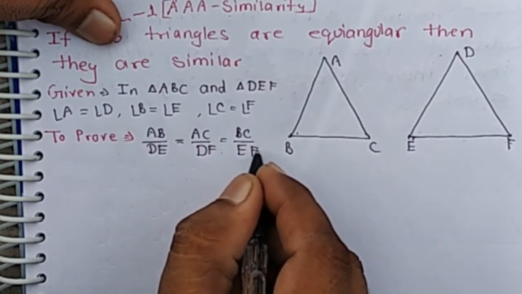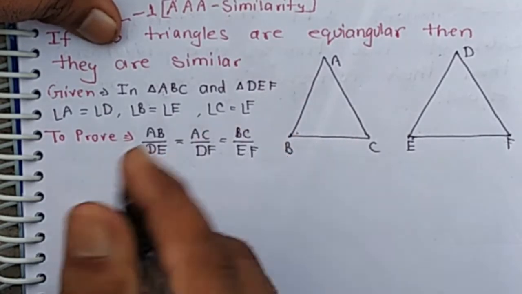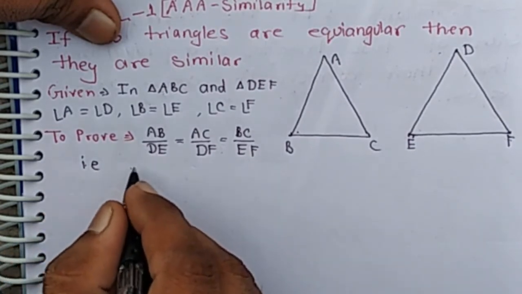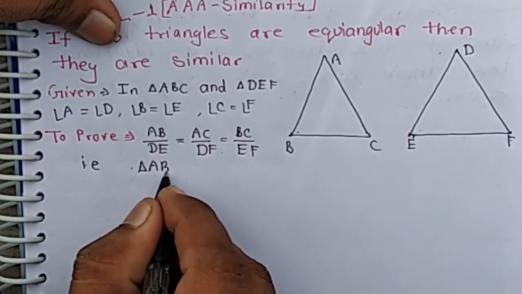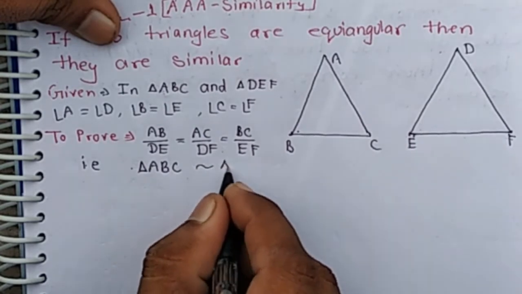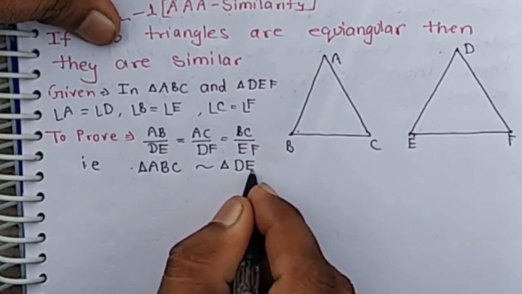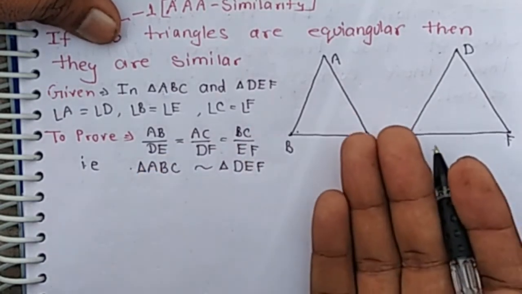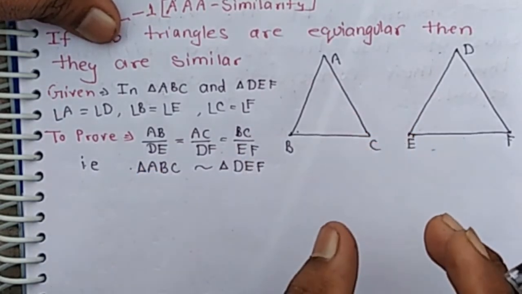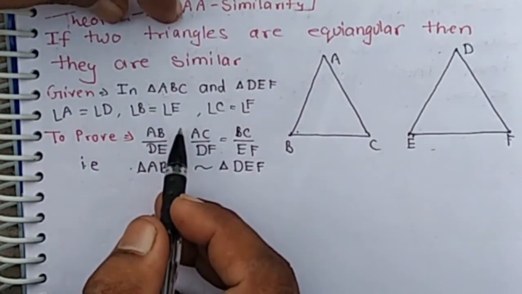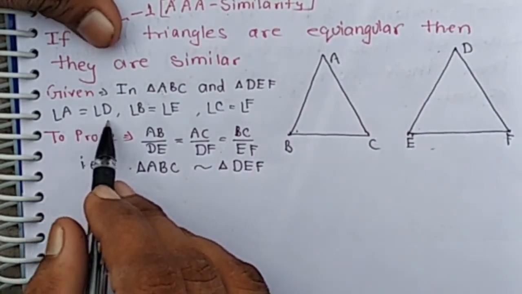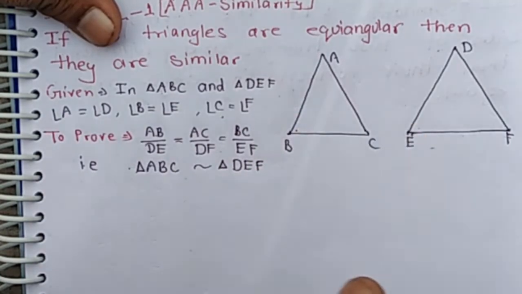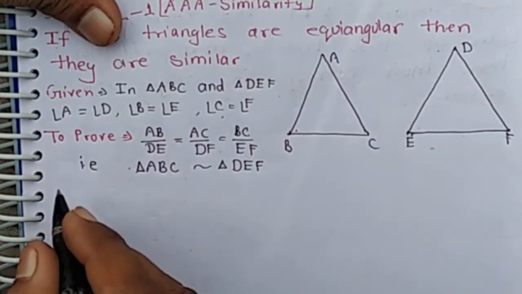We have to show this relation, and it is also written as triangle ABC is similar to triangle DEF. Two triangles are similar when their corresponding angles are equal or their corresponding sides are proportional. In this theorem we have to show that if corresponding angles are equal, then their corresponding sides are proportional, that is, the triangles are similar.